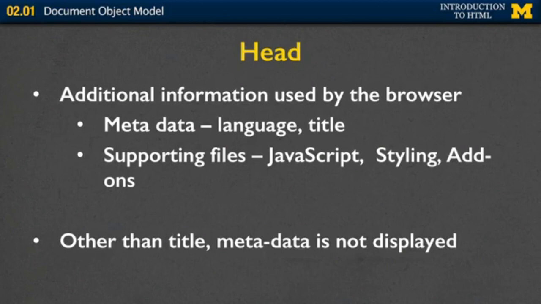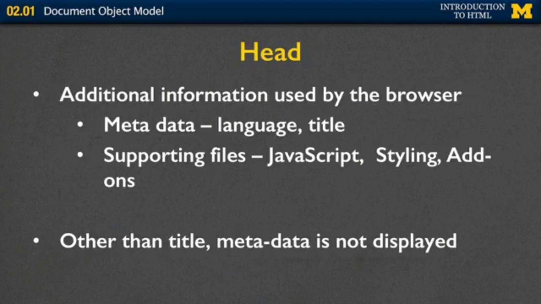For the head, which is inside the head tag, we're going to have all this additional information used by the browser. So for instance, you might want to say what language you're creating your page in. You could also include, and you really want to include, what the title of your page is. And when I'm talking about the title, I'm not talking about the big header that you see. I'm talking about the little tiny thing you see in the tab of your browser.